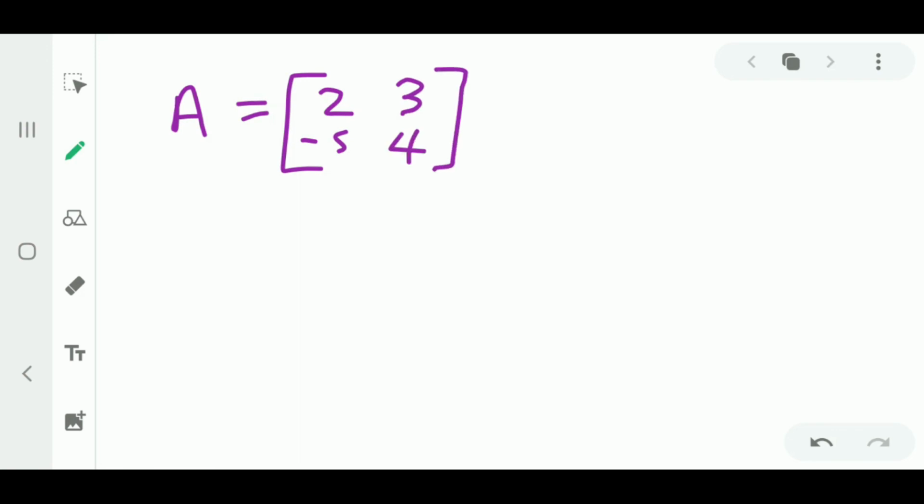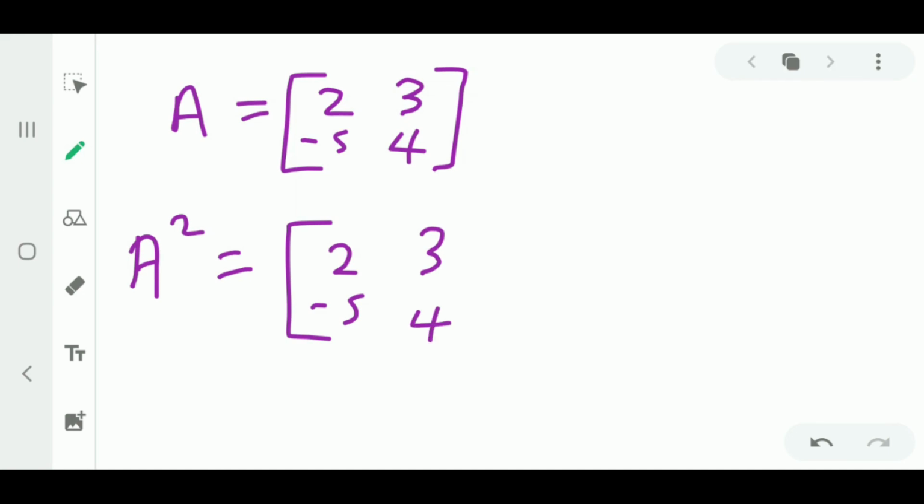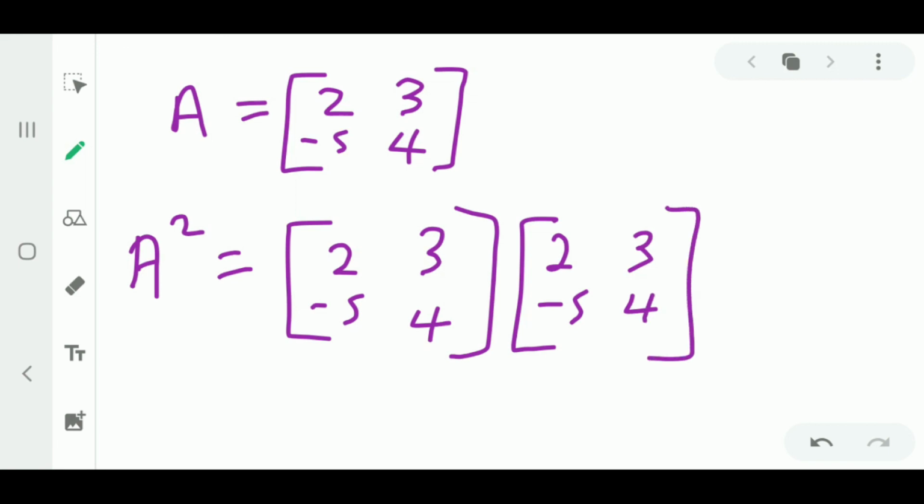Let's say the question had asked you for A squared. What this is basically saying is 2, minus 5, 3, 4 times itself. And the same thing that we did a while ago, where we say row by column, that's what you do. And you get your answer.